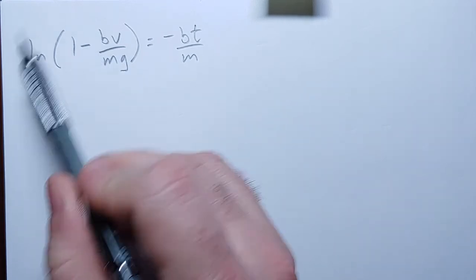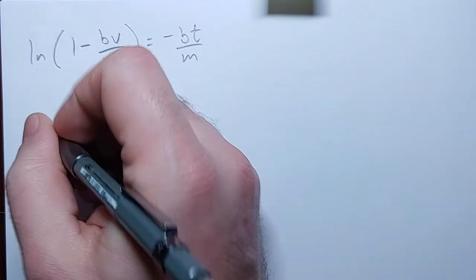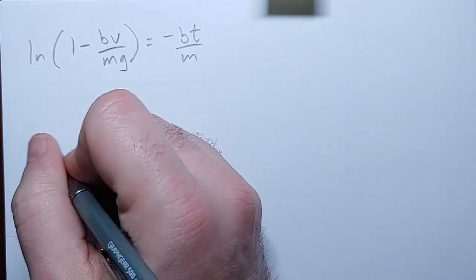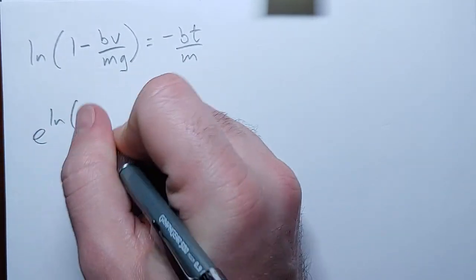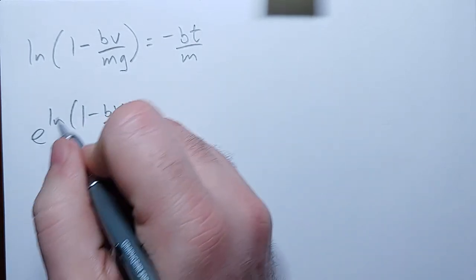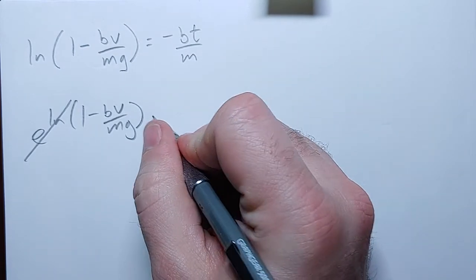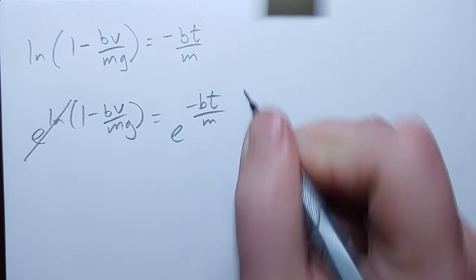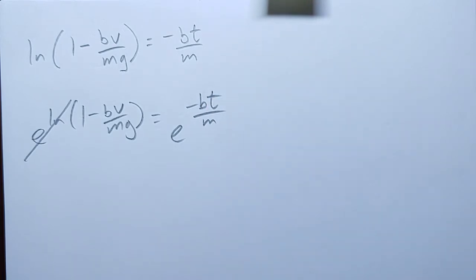And so then we've got to solve this, so we do e to this side, e to this side, and e to the log of this is just going to cancel out, right? And you're just going to get that, equals e to the negative bt over m. And at this point, we are pretty close to a solution. We just want to solve for v.